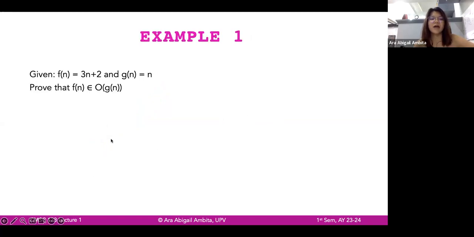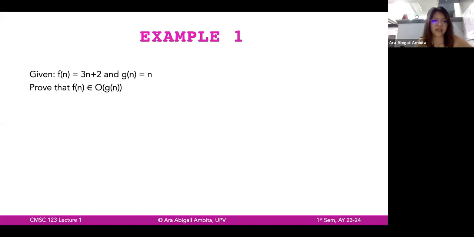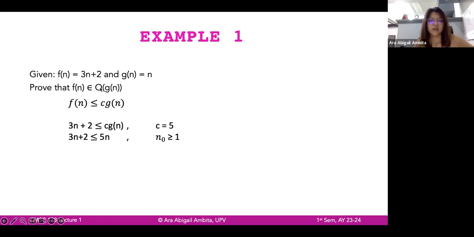Okay, so now let's have a bit of an example. We have f of n equal to 3n plus 2, and g of n equal to n. So we want to prove that f of n is in theta of g of n. We are supposed to be using theta here, not the big O. To do that, we'll have to look for two constants.